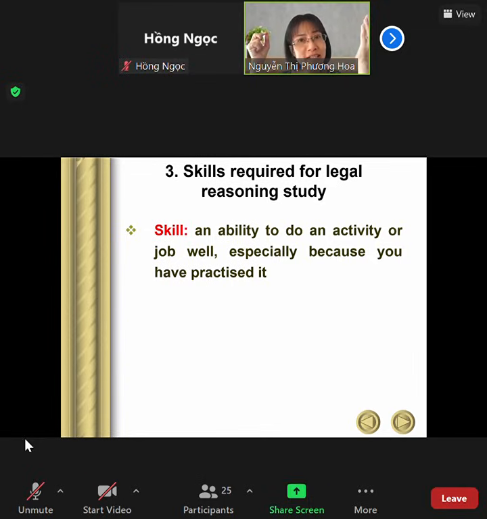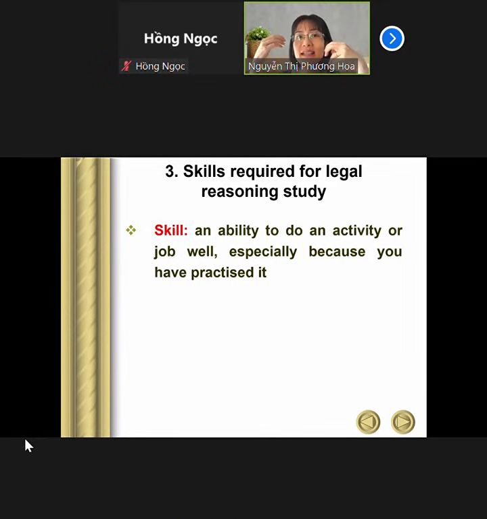The same ideas, the same points, but how do you construct your arguments persuasively, beautifully, causing attraction? It depends on how you structure and construct your arguments. And therefore, argument skills are essential to lawyers. Do you agree with me?